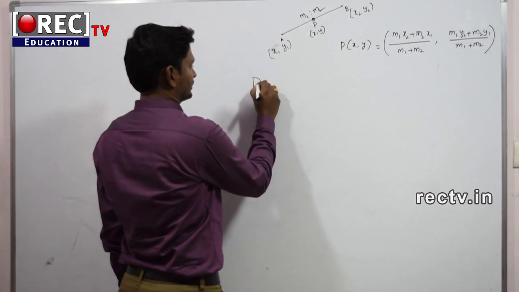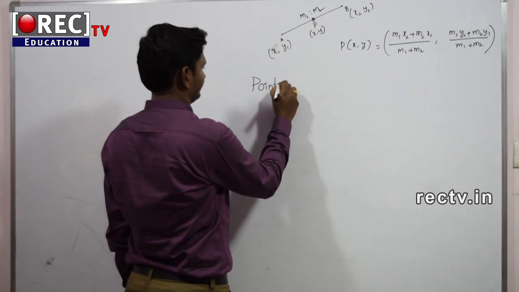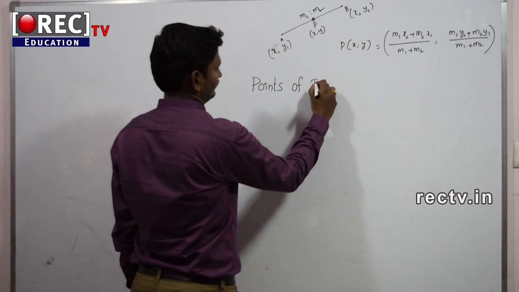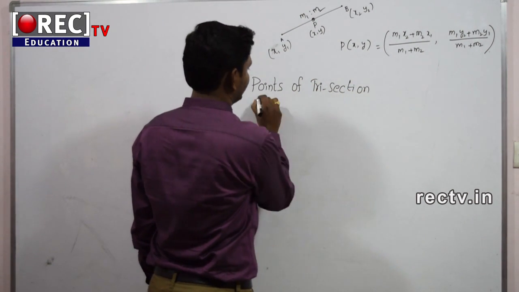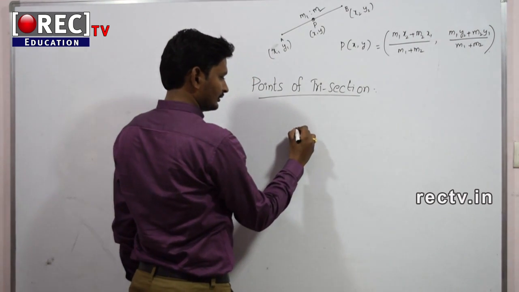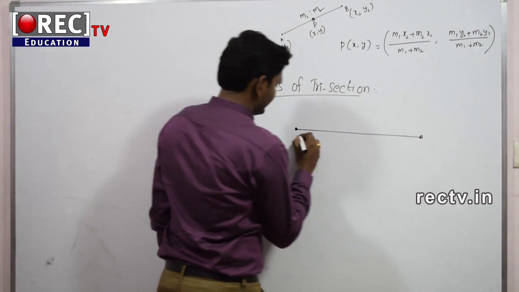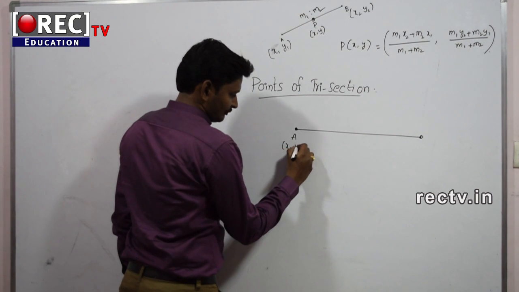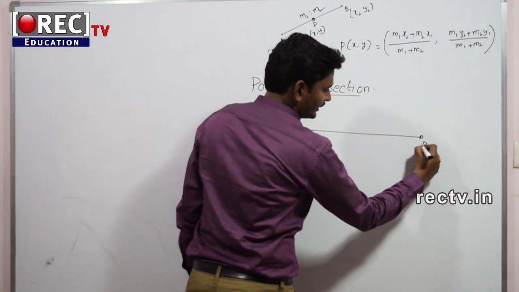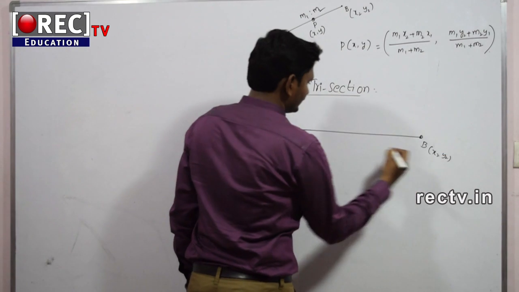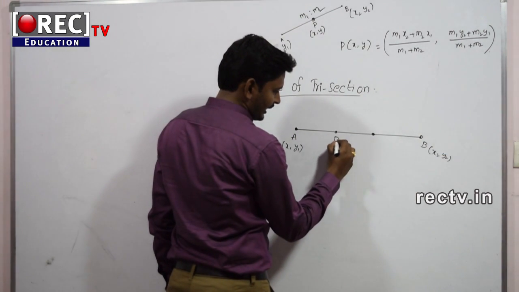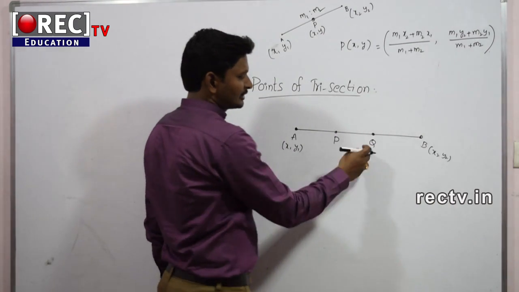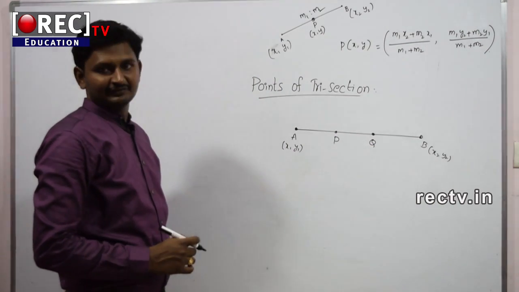Points of trisection. Trisection means 3 equal parts. So here, the same thing, A(x1, y1), this is B(x2, y2). So 3 equal parts. Here this is P and this is Q. Now the points P and Q are points of trisection.